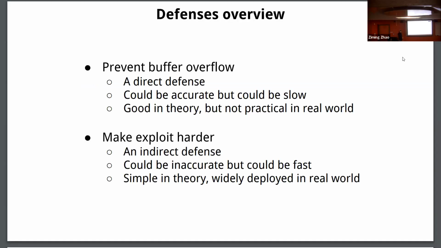So there are 2 main categories of those defenses, and we can call them the direct defense and the indirect defense. So the direct defenses, they tackle the root cause of the problem. They solve the problem at the very foundational level. They are good in theory.